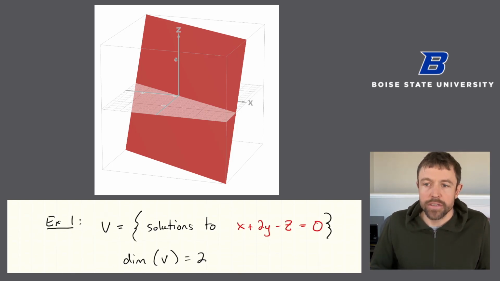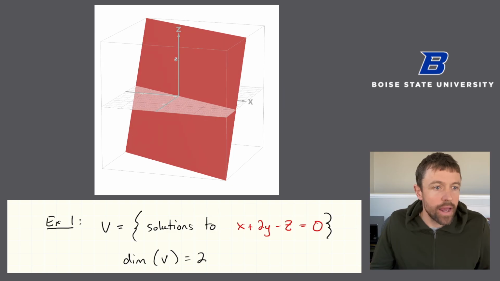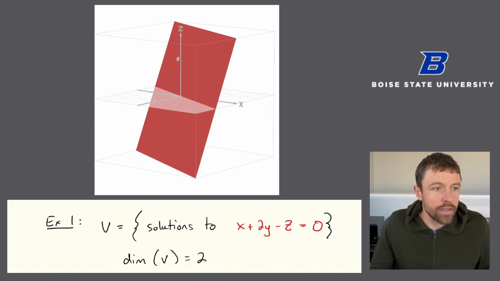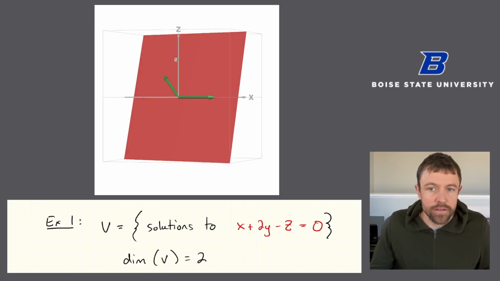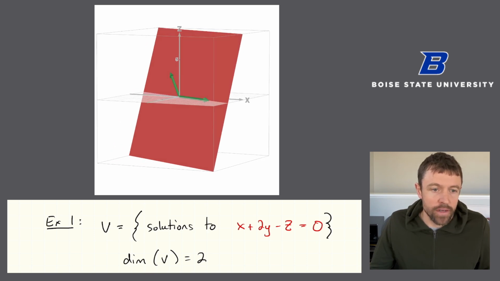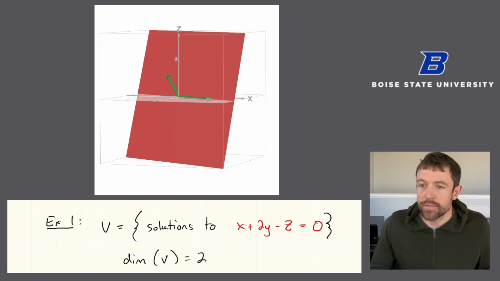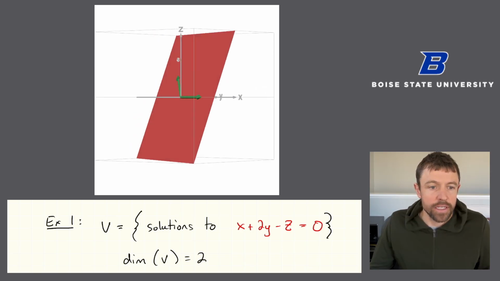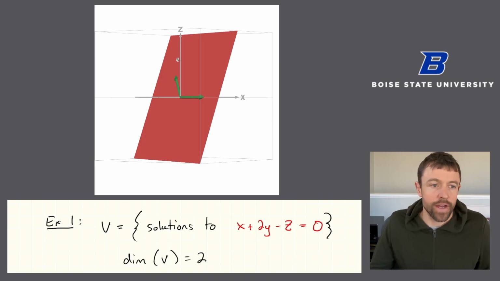The set of solutions to this, which I wanted to say is of dimension 2, here's a picture, and I want to draw in 2 vectors. Let's see if I choose the ones I wanted to. That's not what I wanted. That would also work. These 2 vectors here, they're both in green, form a basis for this space, right? They're linearly independent and they span it. So this thing does have a basis with 2 vectors in it.